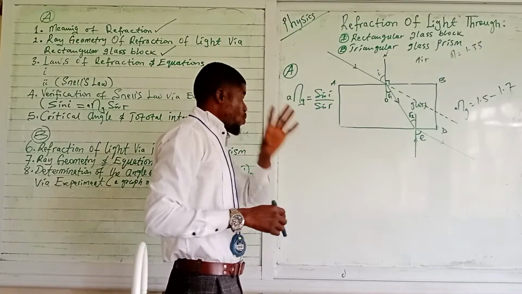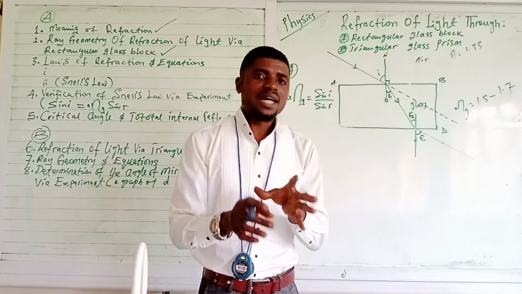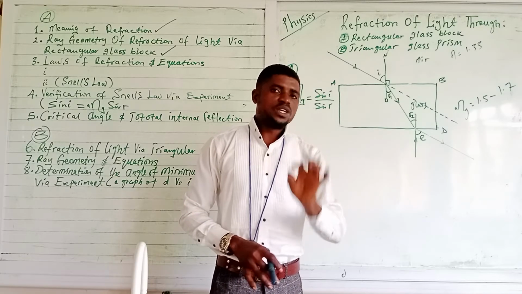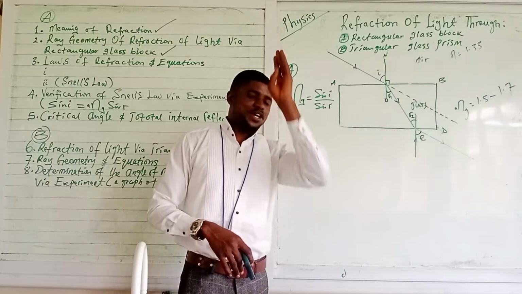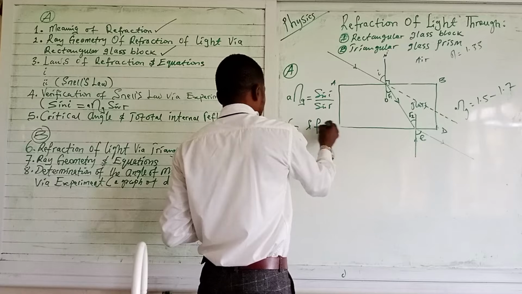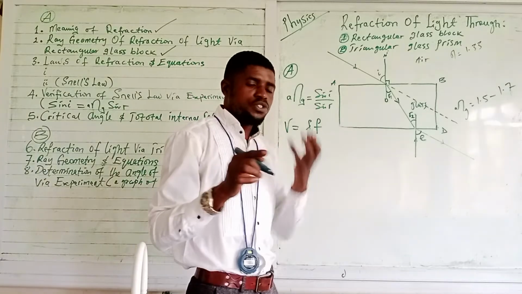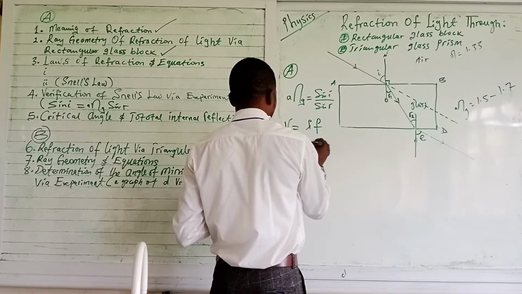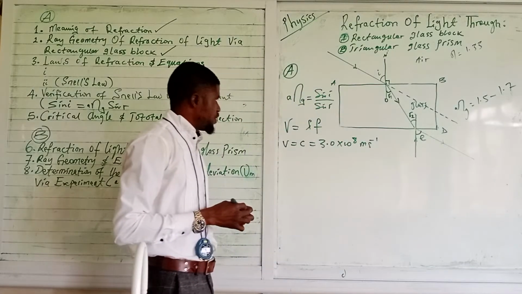Now, in the previous topic I told you that light is an electromagnetic wave, so light rays travel with the speed of light, and hence they can make use of the general wave equation, V equals lambda F, where V is the speed of light, 3.0 times 10 raised to the power 8 meters per second. This V is also known as C.